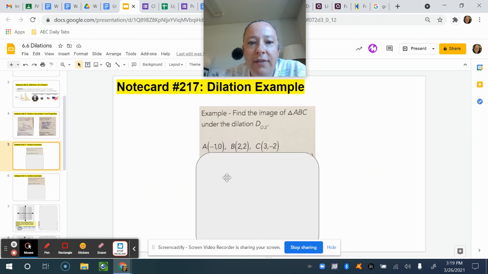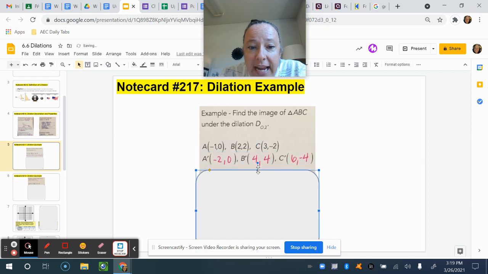All right, note card 217. Let's jump into an example of a dilation. So we want to find the image of a triangle ABC. So here's your original points A, B, and C. And what we're doing is a dilation around the origin, and it's of 2. So it's going to be an enlargement. So all you have to do is multiply each ordered pair by 2.